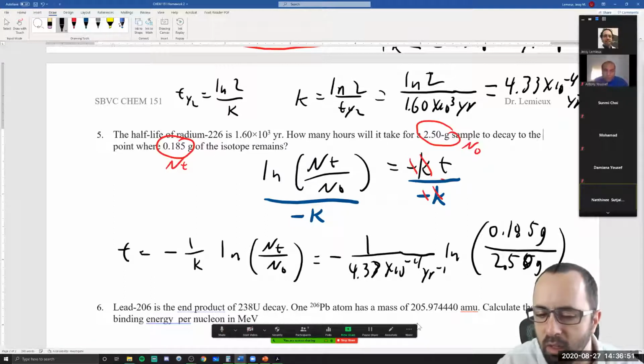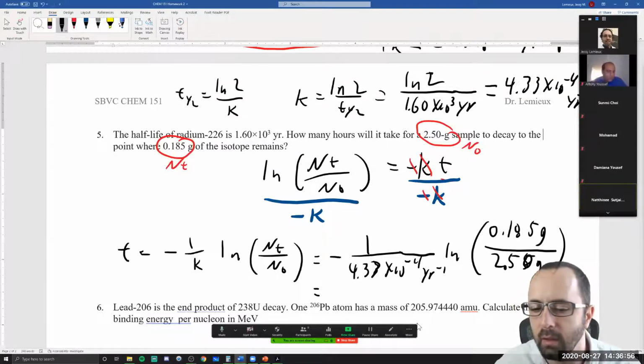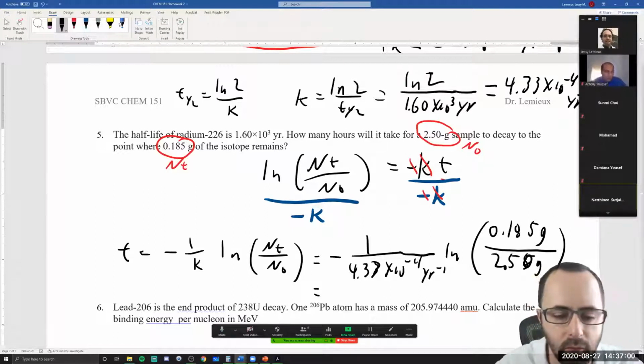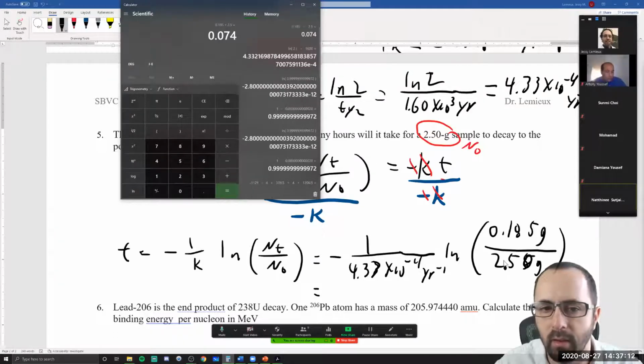Don't forget the unit because you might forget that you're still in years. After you calculate this, you'll have to convert the years to hours since it was asked for in hours. So I can do 0.185 divided by 2.5. So that's inside the natural log there.